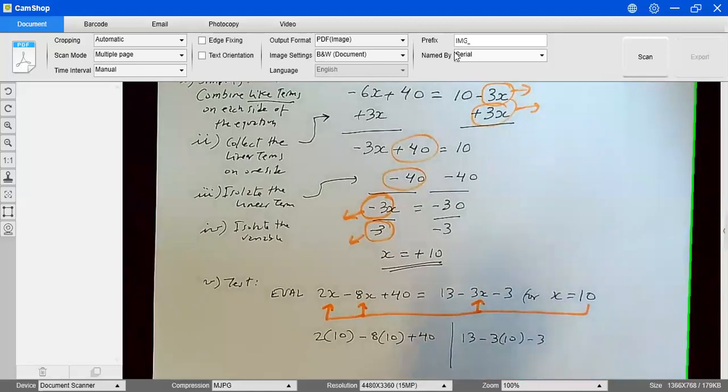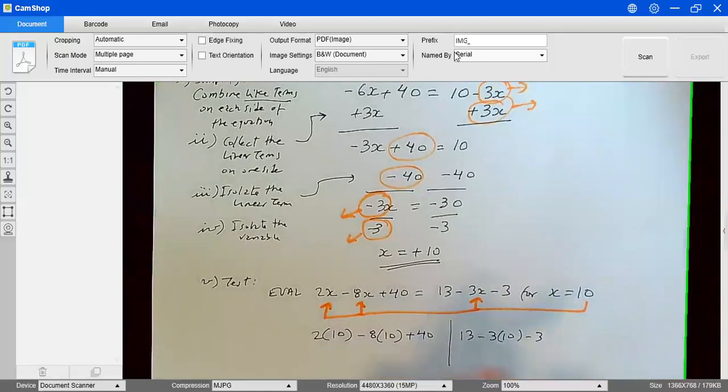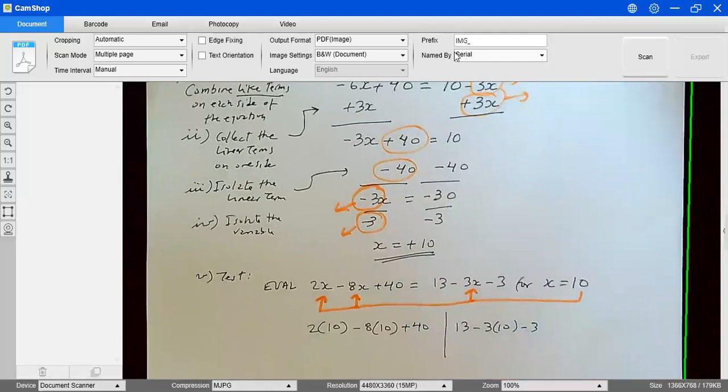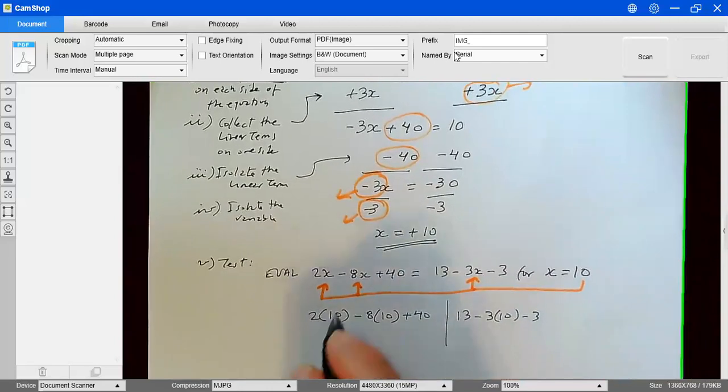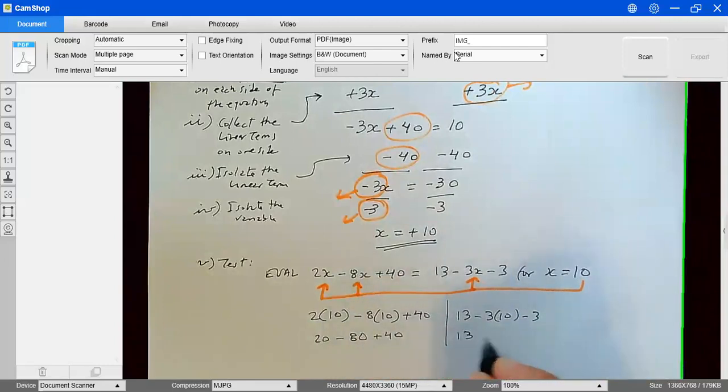We don't use the equal sign because we're going to verify that both sides are equal. So 2 times 10 is 20, minus 80, plus 40. Here we're going to have 13 minus 30 minus 3.